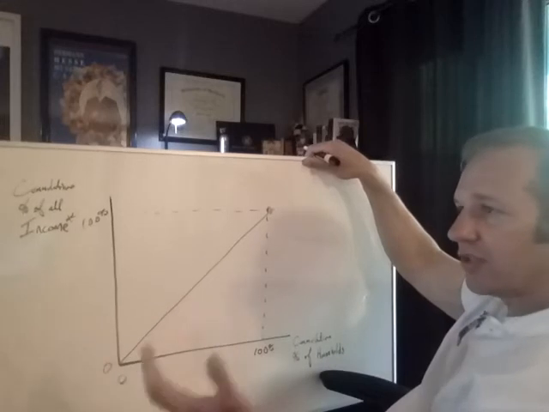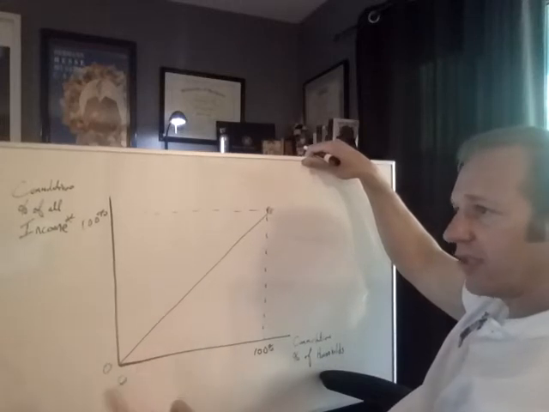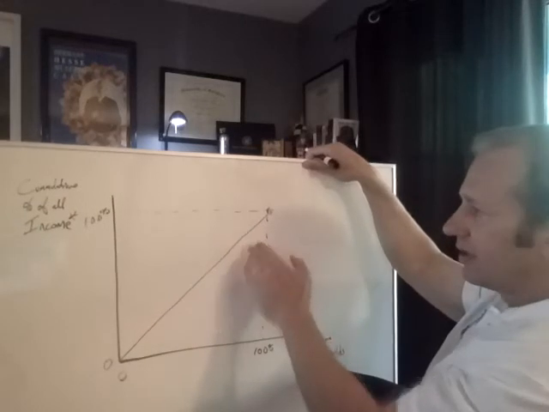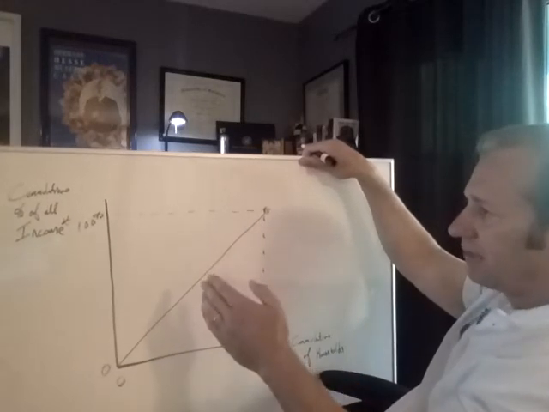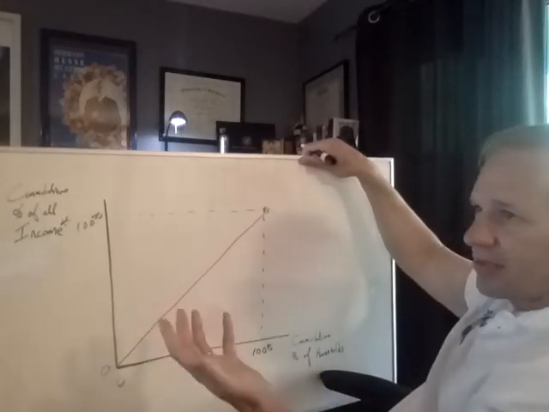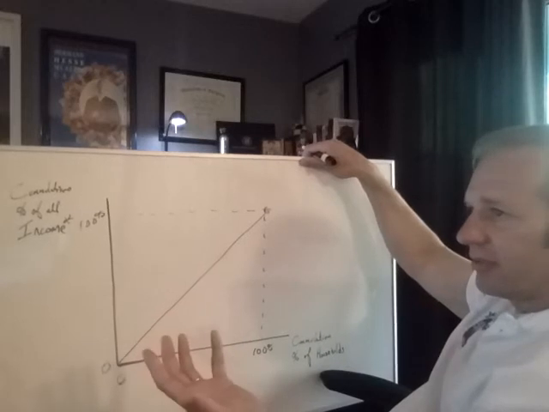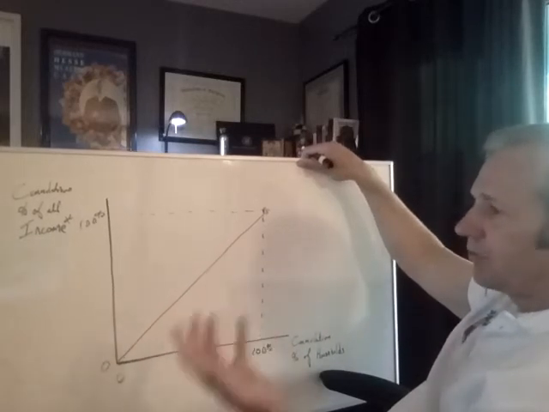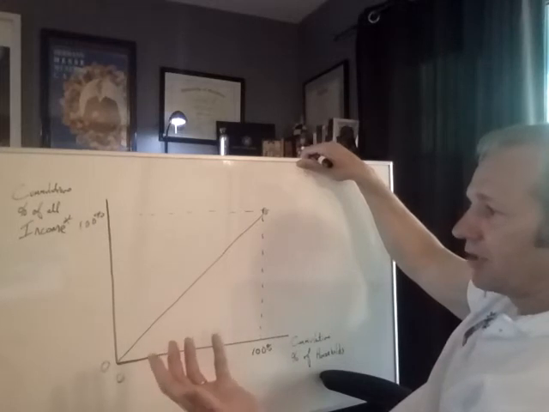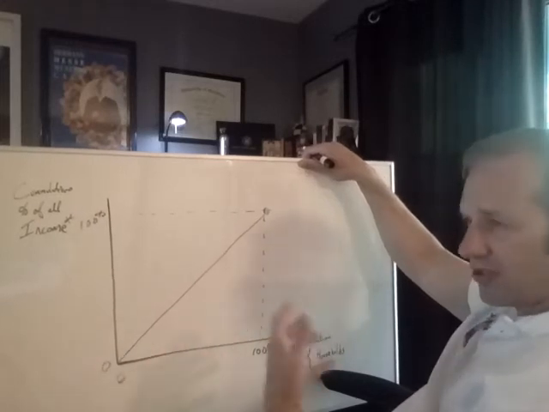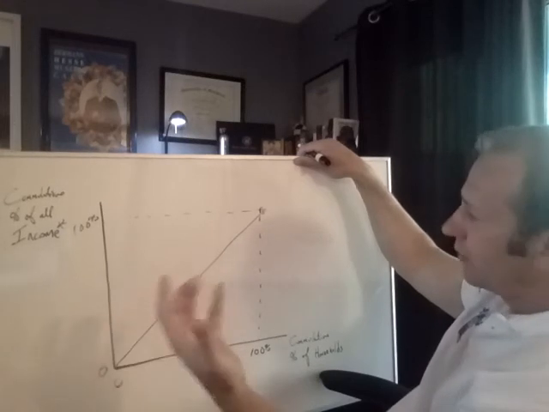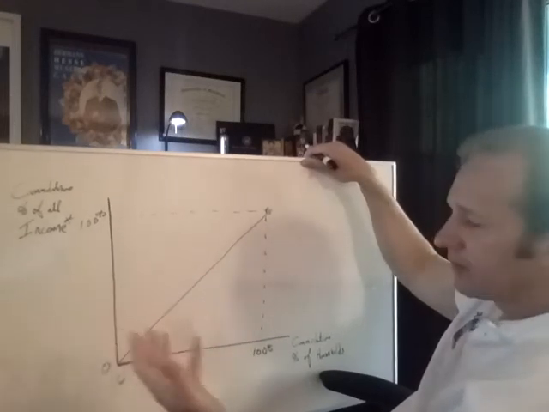It would be distributed across the population on an even basis, where an equal portion of the population is getting the same proportion of all of the income. Of course, that doesn't happen.